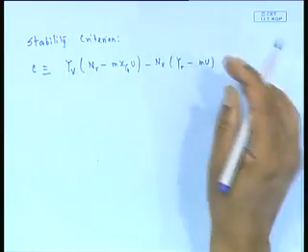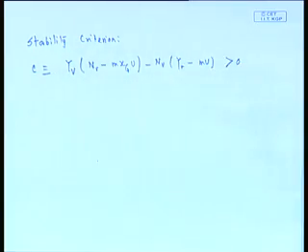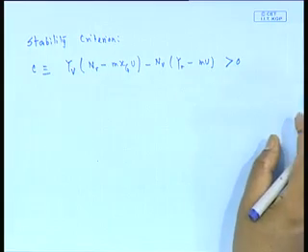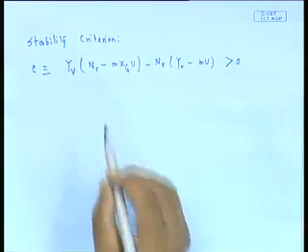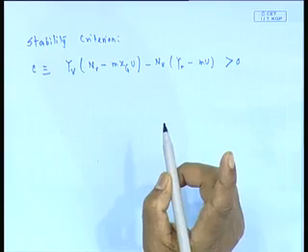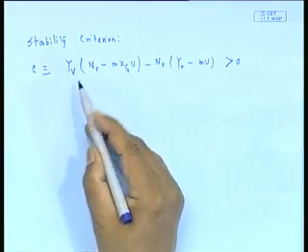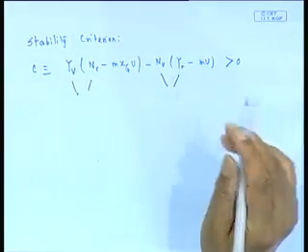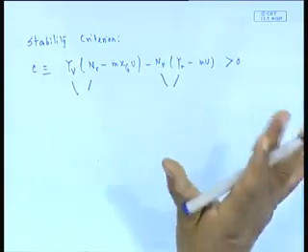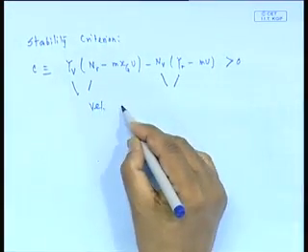This is minus only. See there, now the most important thing that comes out: I have a condition on my hydrodynamic derivatives YV, NR, NV, YR, the velocity derivatives, all are velocity derivatives, right.